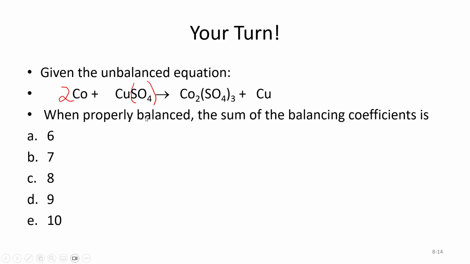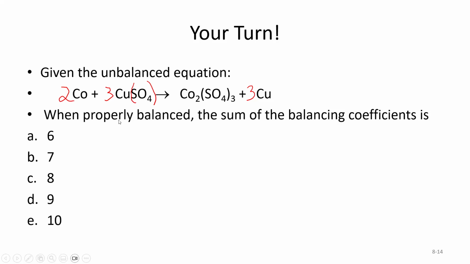On the left side, we have 1 sulfate family. On the right side, we have 3 sulfate families. So we have to balance this by putting a number 3 here. Now we messed up copper because the 3 applies to copper too. So if we go back and put a 3 here, it should be balanced. We can't reduce these anymore.